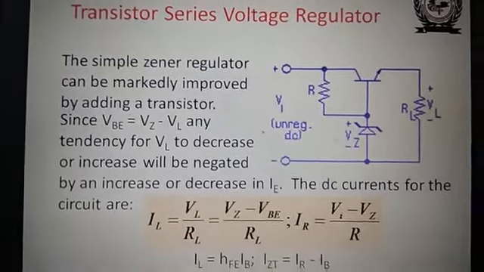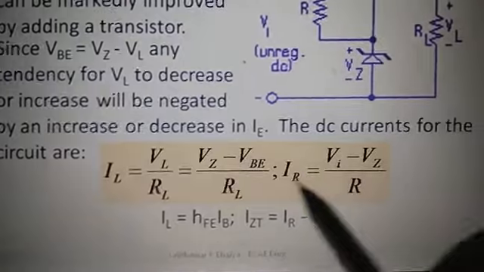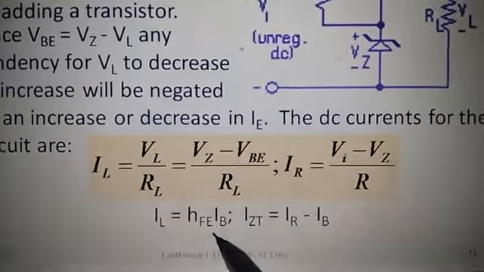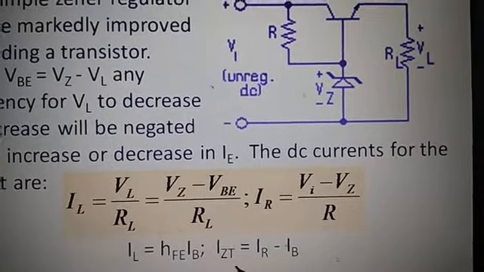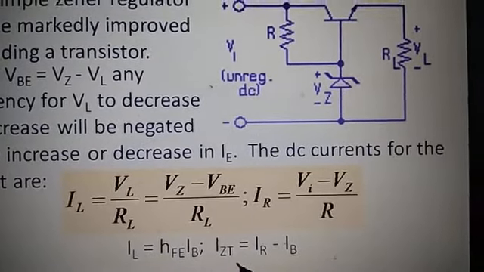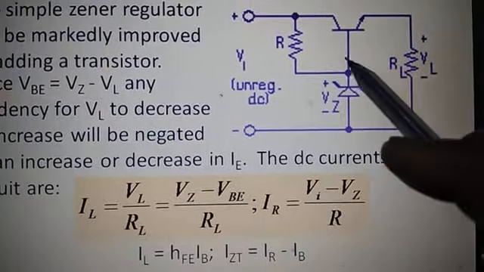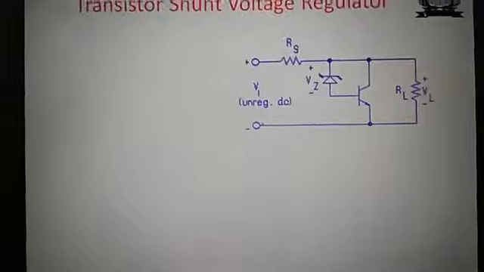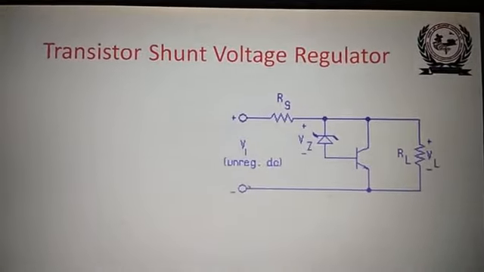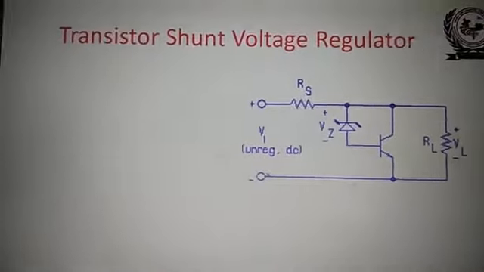So you can see here, in terms of this h parameter, IL is given by hFE into IB, and the current through this Zener diode IZT is equal to IR minus IB. This is the IR here and this is IB here, that is base current. So IR minus IB. So this is about the transistor series regulator.